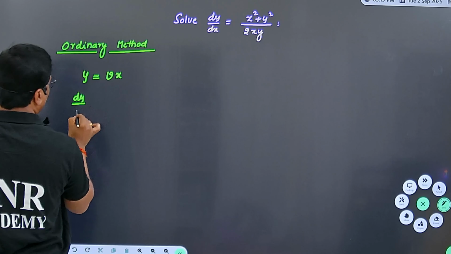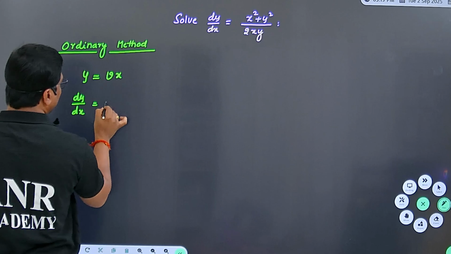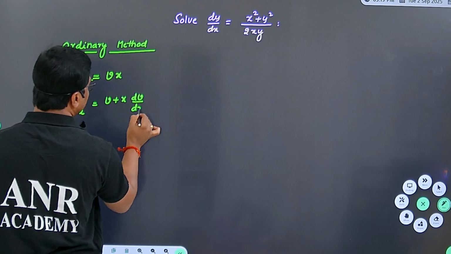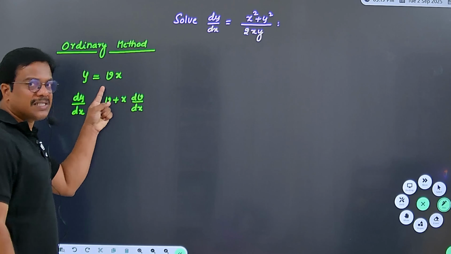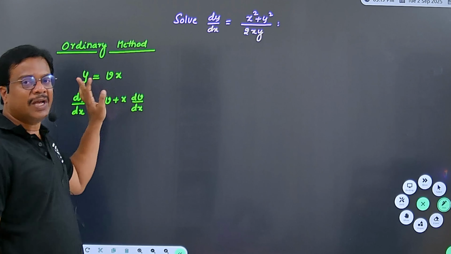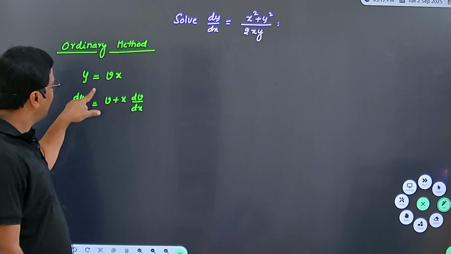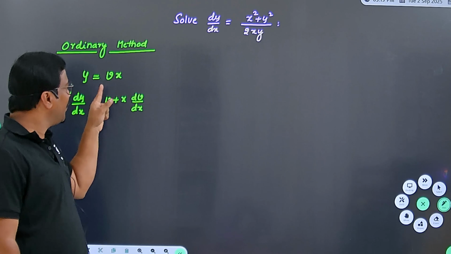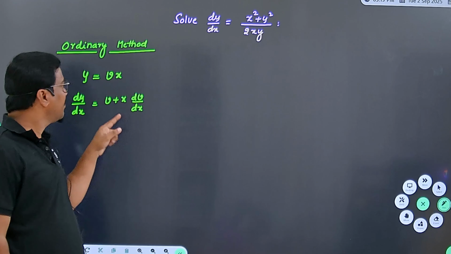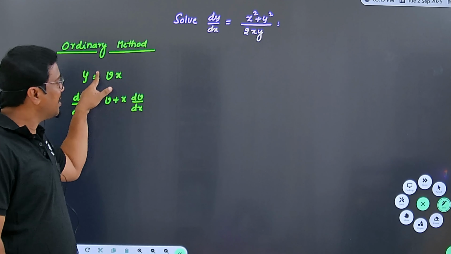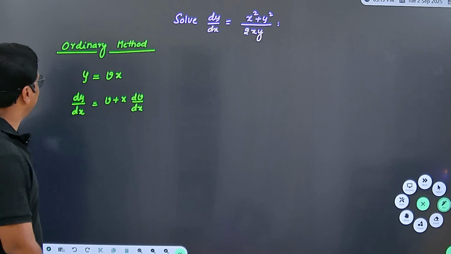That implies dy by dx becomes v plus x into dv by dx. Since v is a function of x, here we have to apply the uv rule, differentiation of uv, that is uv dash plus vu dash: x derivative 1, v as it is, x as it is, v derivative dv by dx.